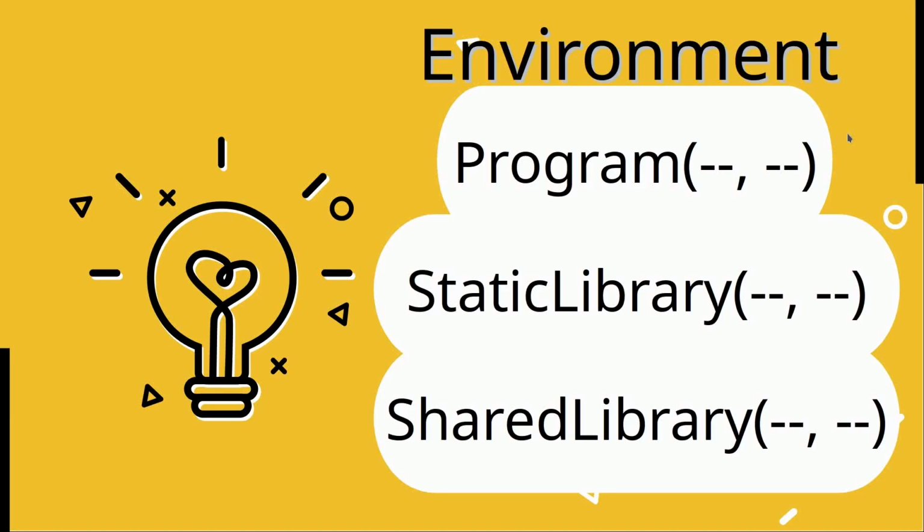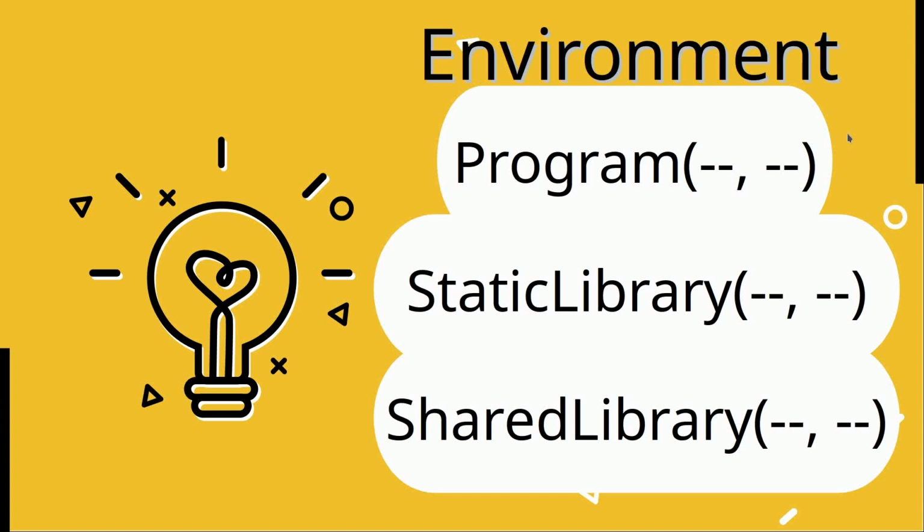Generally, there are many factors when you want to compile a C++ program or create a C++ library. There are many C++ flags which you can define, some include paths which you want to add, or maybe a few libraries that you want to include. In scons, you can define most of these factors inside a variable called environment. Each time you call these functions, Program, StaticLibrary, or SharedLibrary, scons uses its default environment.